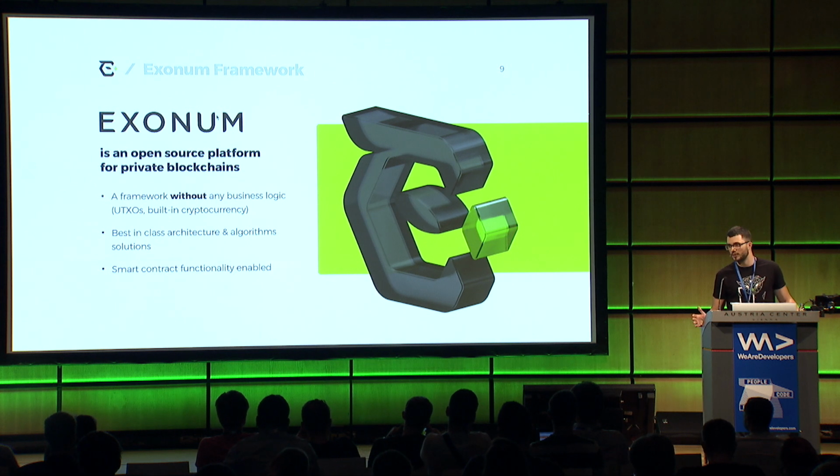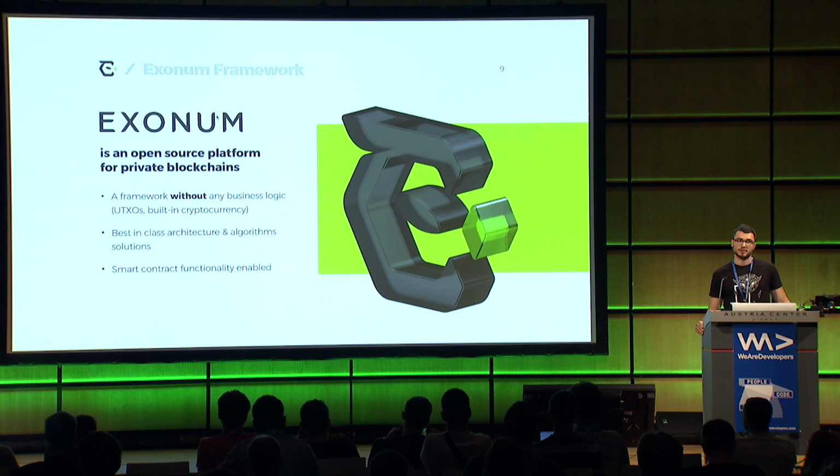So you may build your own business logic, depending on your needs. We also have a smart contracts feature. We call them services, but basically this is business logic that you can put inside of the framework.